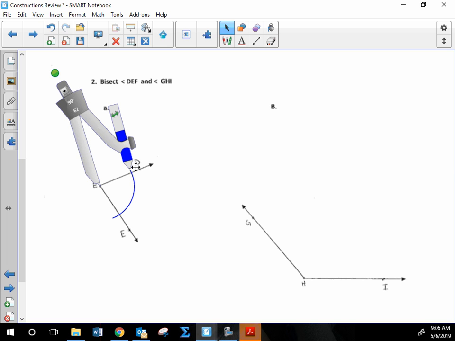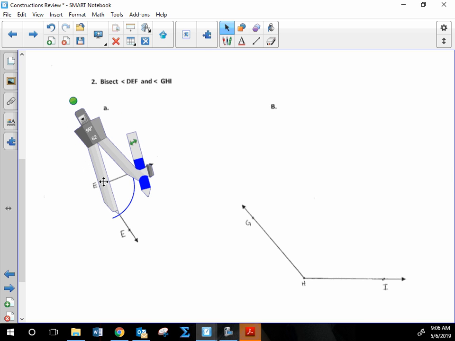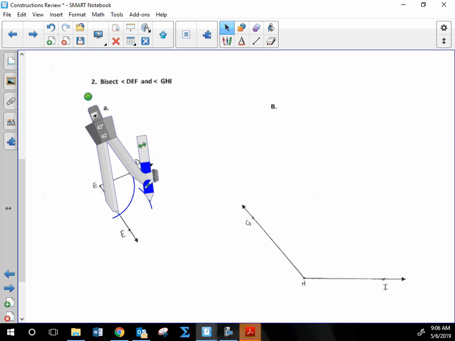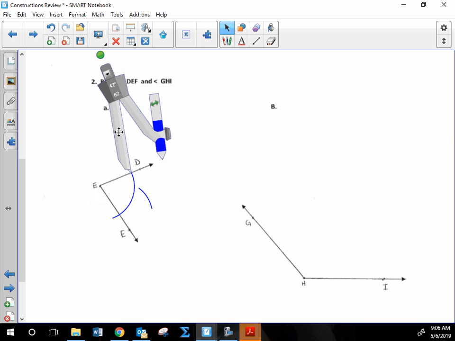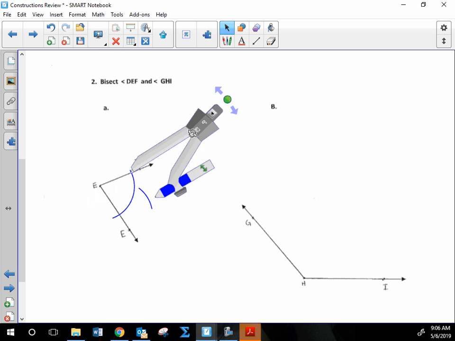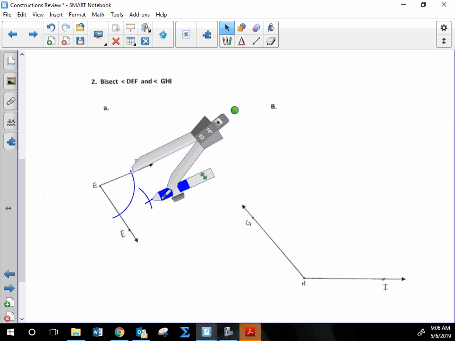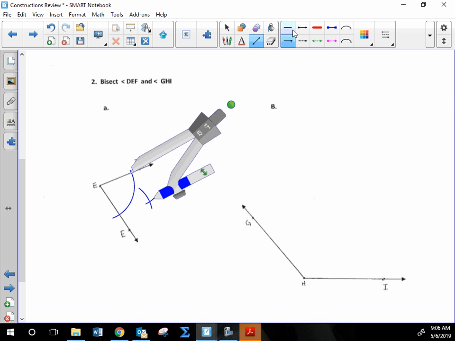And then from those intersections, not from D and E, from those intersections, we go ahead and draw intersecting arcs. Now this might happen above, it might happen below, it doesn't matter, just wherever it intersects. And then that is what I'm connecting together.